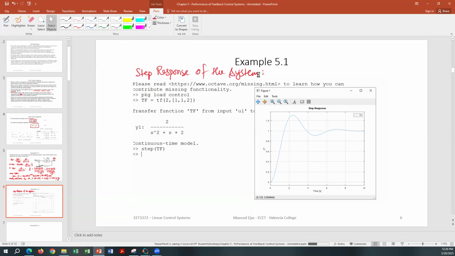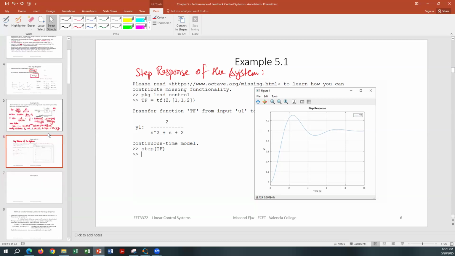So the MATLAB control system toolbox has many control system built-in functions that we can use. Some of these functions, of course, we are using residue. That's not for control systems, but residue is just for partial fraction decomposition. These are specifically for analog control systems, step response and the transfer function. I believe I do have it somewhere over here.